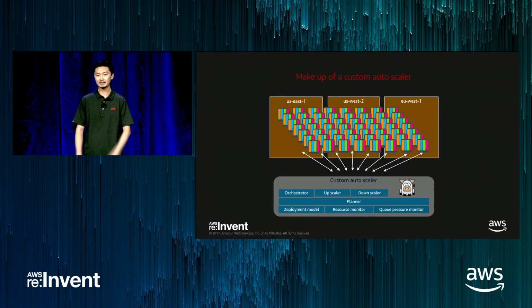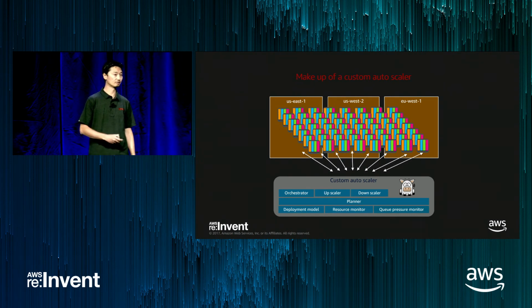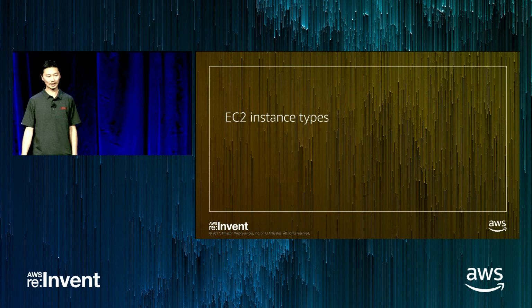And the plans that are made are realized by the upscaler and downscaler. For any scaling operations that cannot be done immediately, we have an orchestrator to figure out how to wind down an instance, and when it finally goes away, we will wind up another instance in a different microservice. So in the gist, this is what we have.